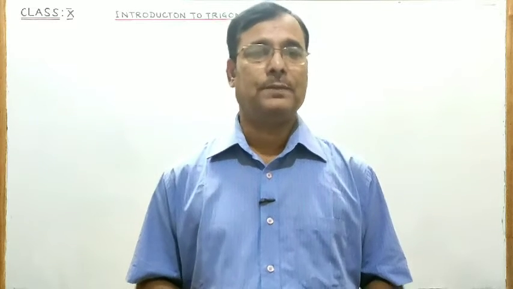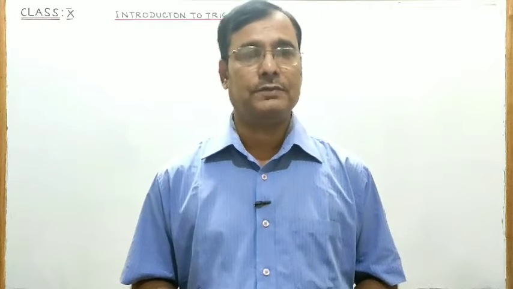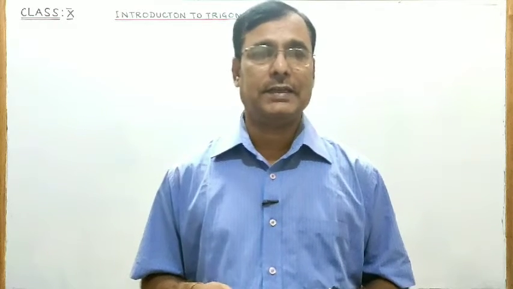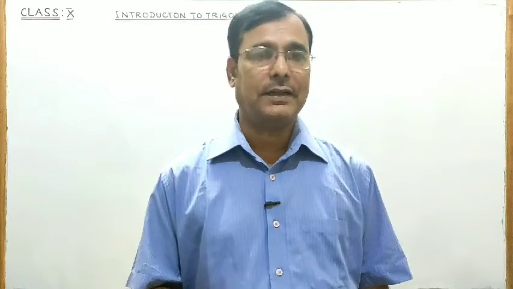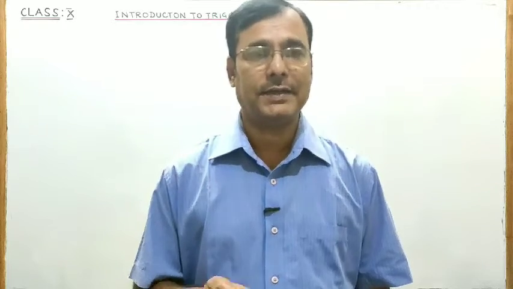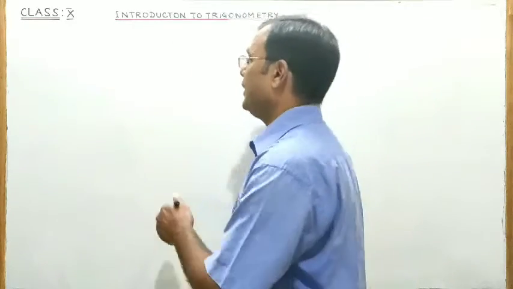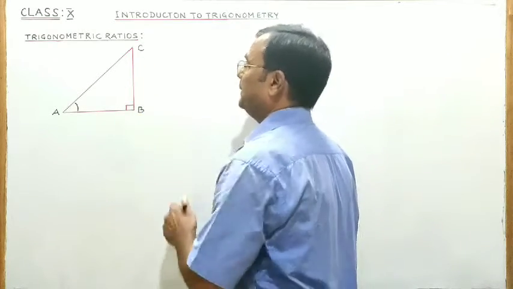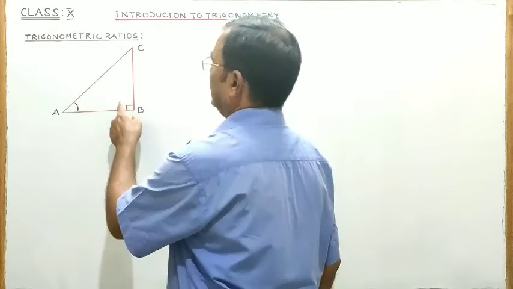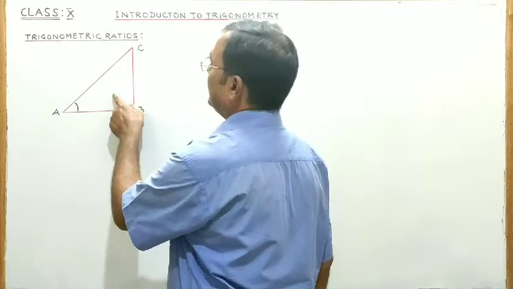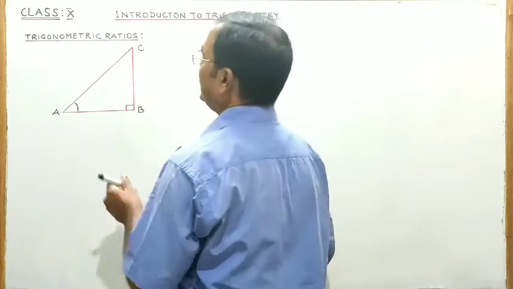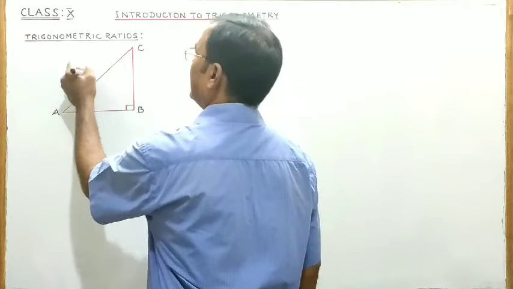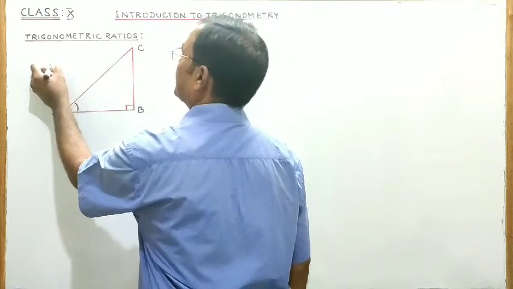So now we are going to define trigonometric ratios for acute angles of a right angle triangle, and for that let us consider a right angle triangle ABC right angled at B as shown in this figure. In this figure, triangle ABC is right angled at B. So side opposite to this right angle B, that is AC, is hypotenuse of triangle ABC.